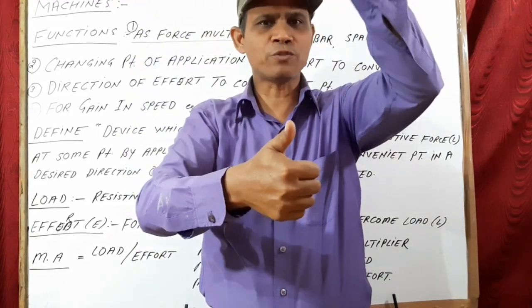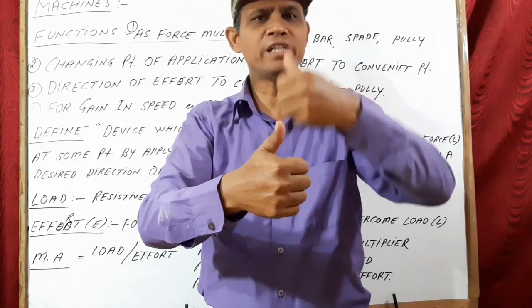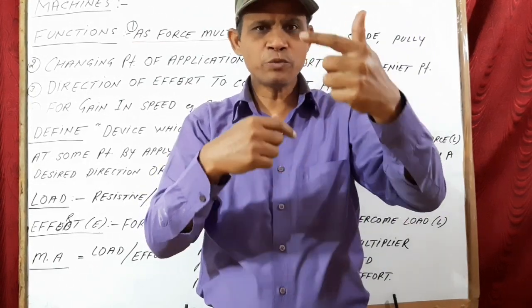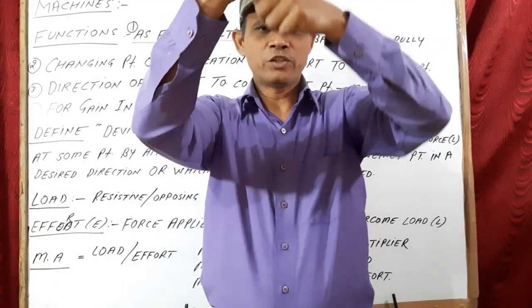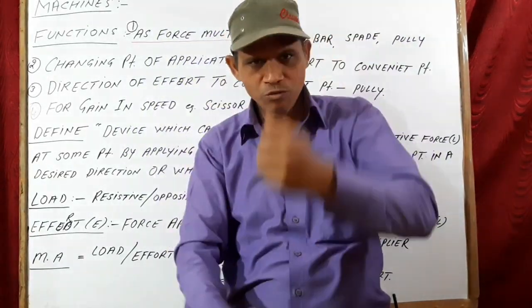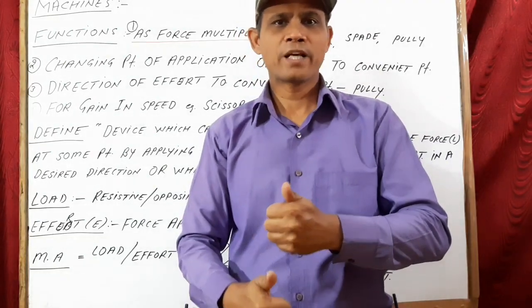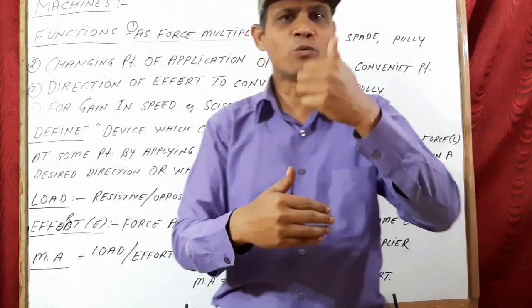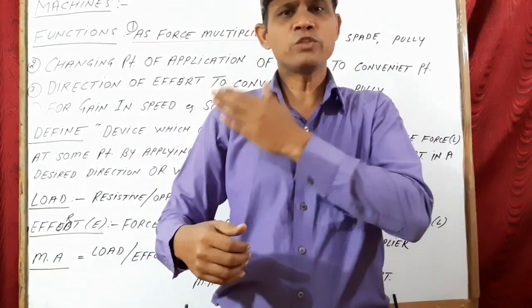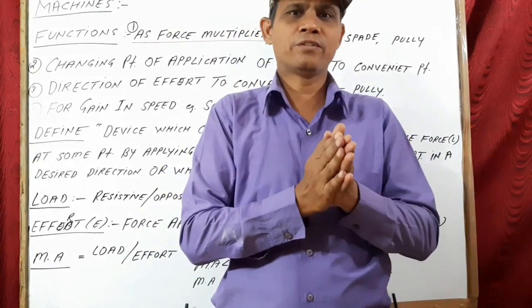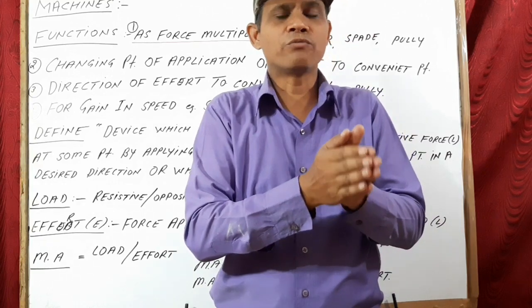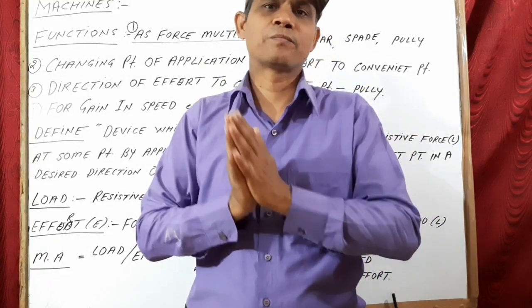But this is not convenient. If you use a pulley, you pull the rope in the downward direction, and that is very convenient. One more advantage of this is you can use your own weight as effort. So that will make your work very easy.